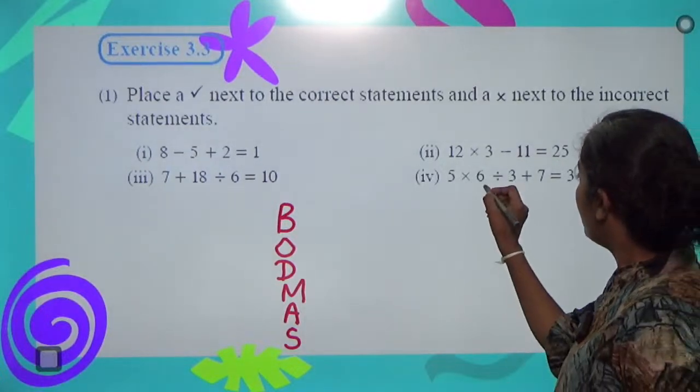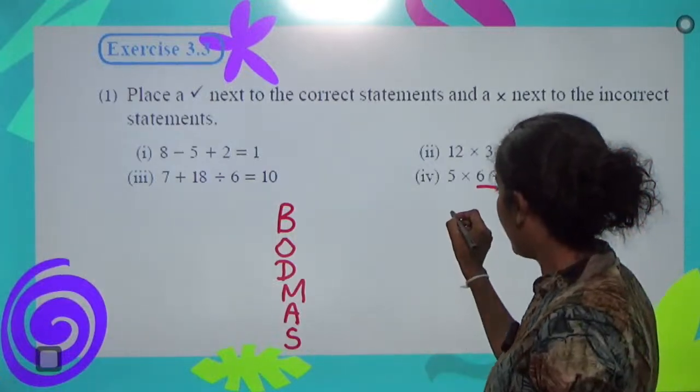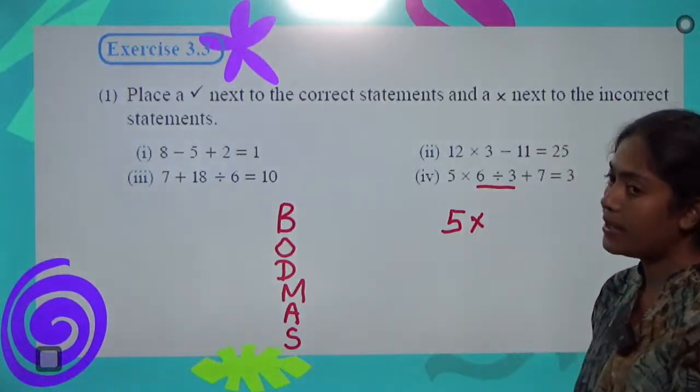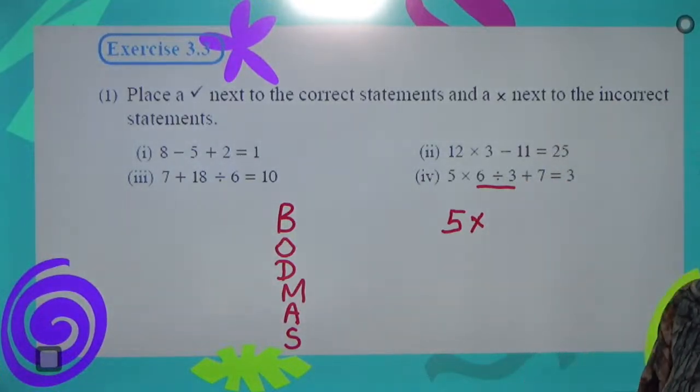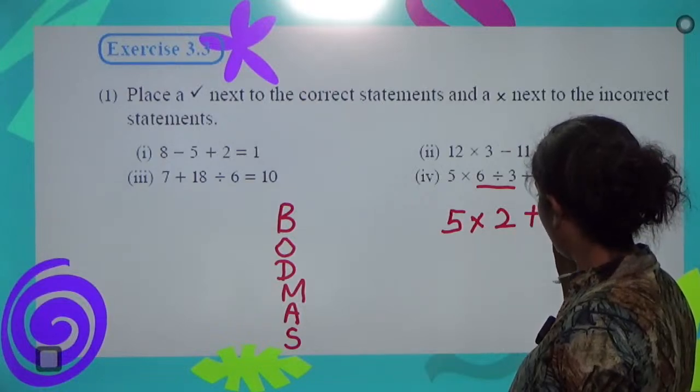So this is the division part. So I will write 5 multiplication, 6 divided by 3, the answer is 2, then add 7, right.